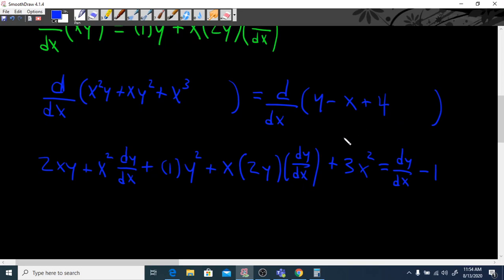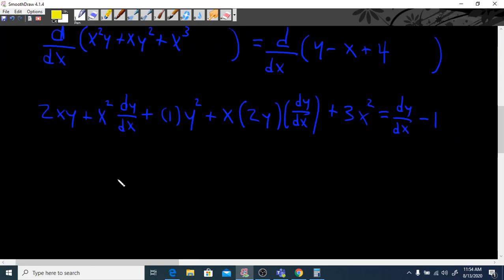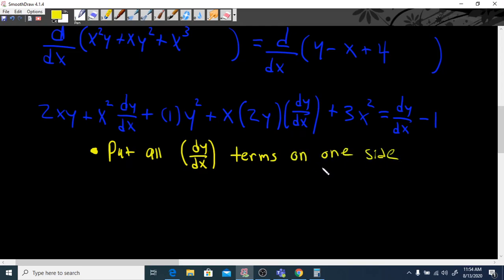All right, now, once we get here, and every implicit problem is the same, okay? So stay with me here. Once we get here, we want to put all dy dx terms on one side so that you can factor it out by greatest common factor. And then we're going to put all non dy dx terms on the other side.